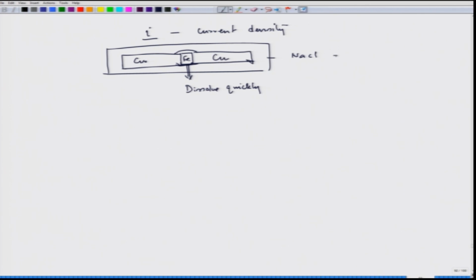So, this is the example we put in while discussing galvanic corrosion.